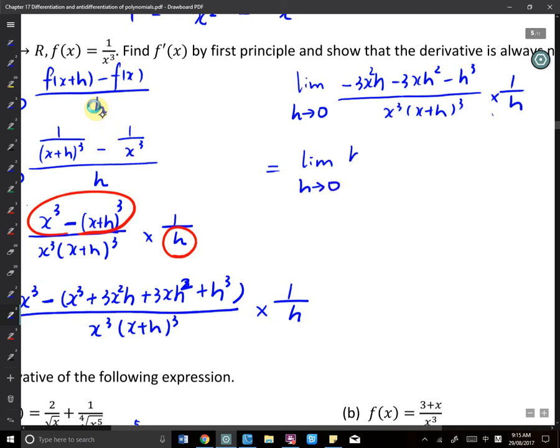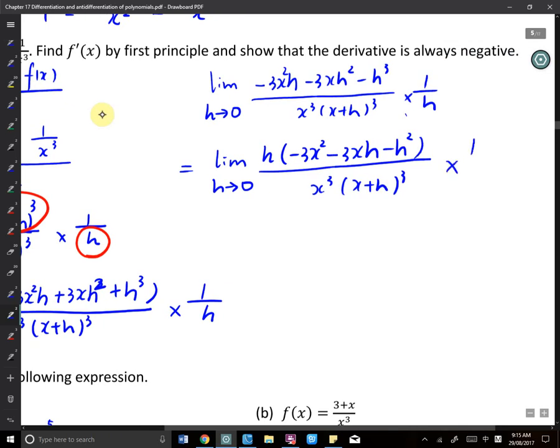So go another step back: h times minus 3x squared minus 3xh minus h squared. I can factorize the h out, and times 1 over h with that. So this h will get cancelled with that h. Those two get cancelled. Now I can substitute, there's nothing wrong with the h anymore. Put h in.